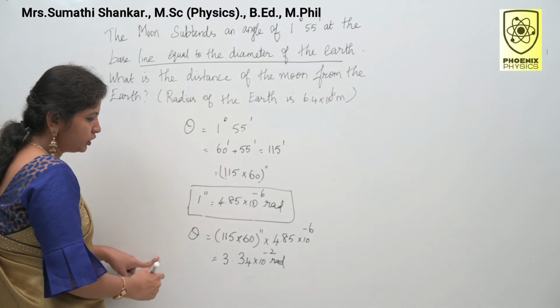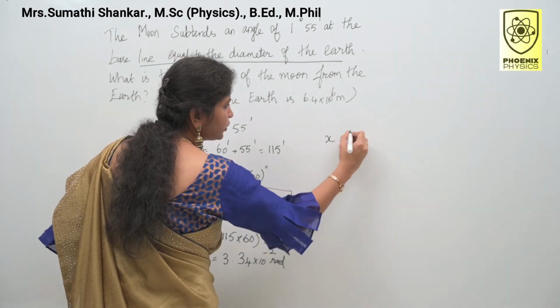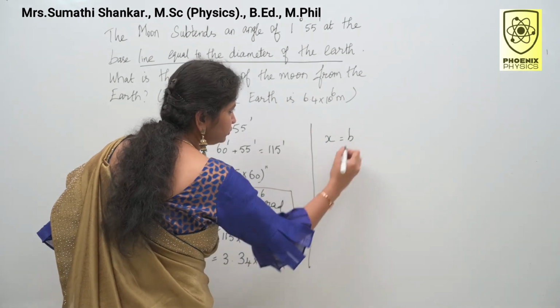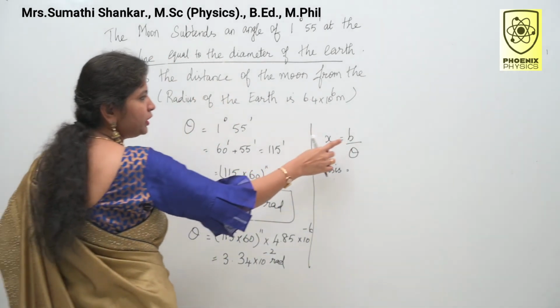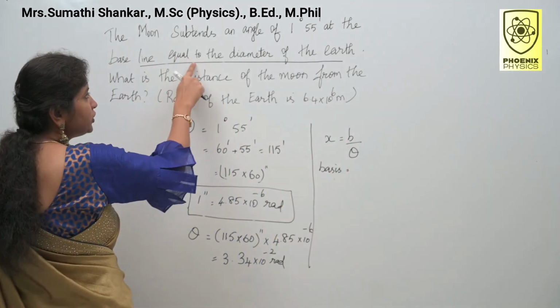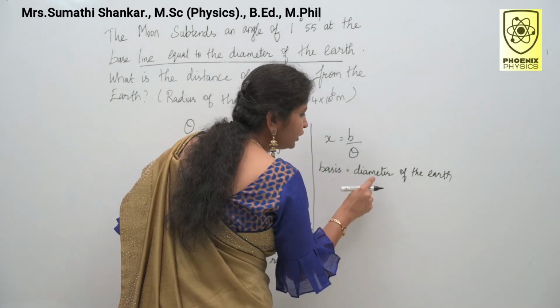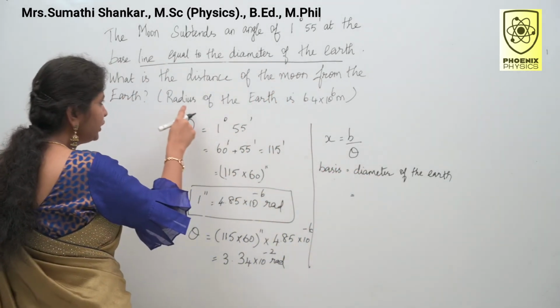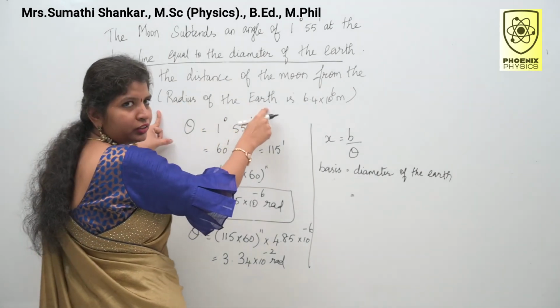Next one is, what is the formula for x? X is nothing but b by theta. What is b? B is our basis. So here the baseline is equal to the diameter of the earth. We need diameter, but in our problem they have given radius of the earth.